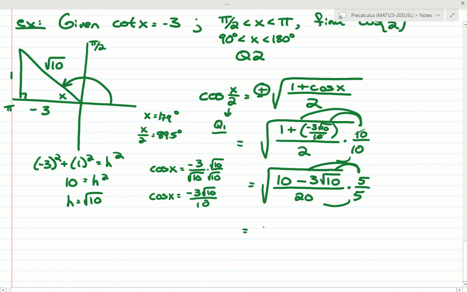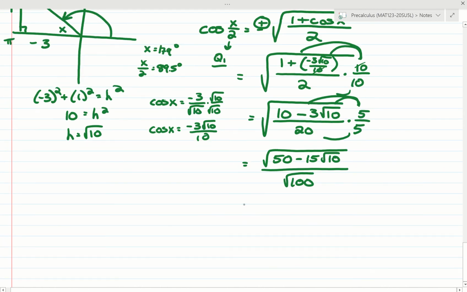This will tell us we'll have the square root of 50 minus 15 root 10 all over the square root of 100. So as far as what our final answer would be, it would be the square root of 50 minus 15 root 10 all over 10. That's as simple as we could make our answer.